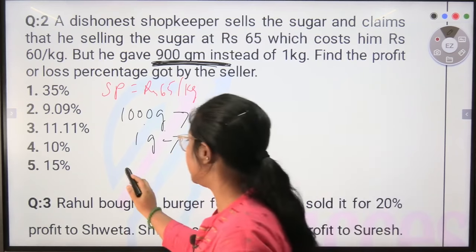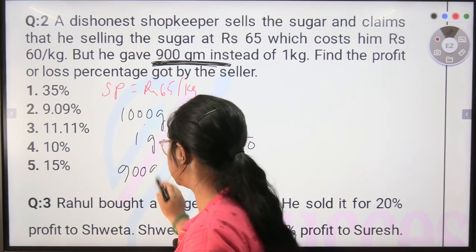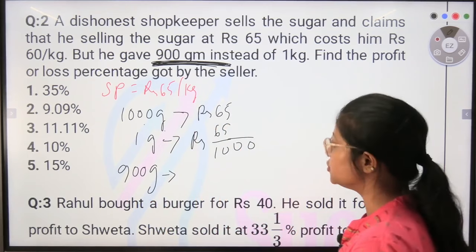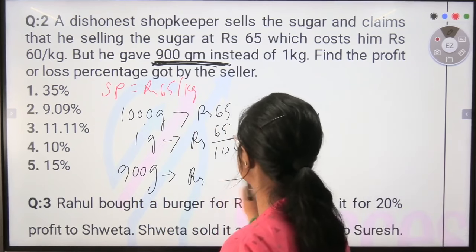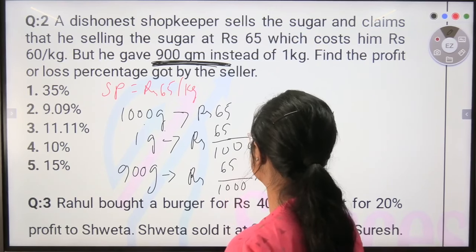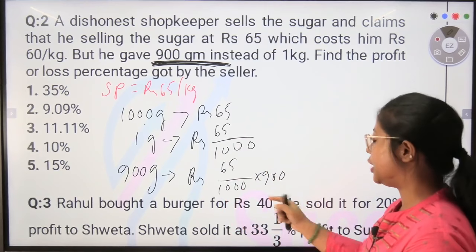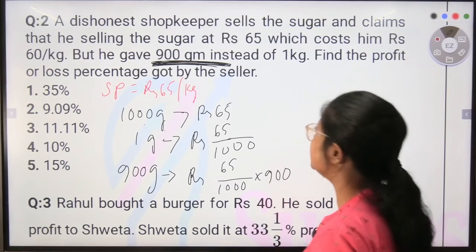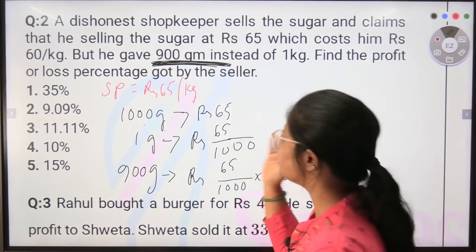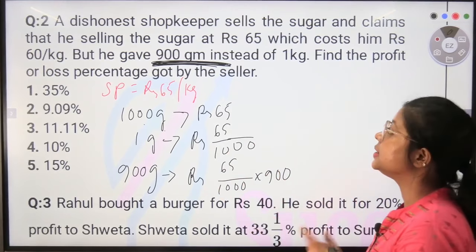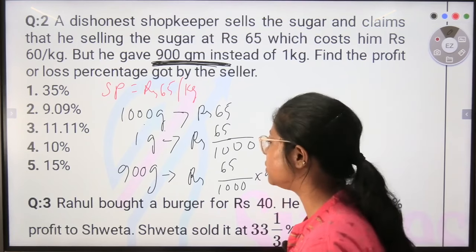So the SP of 900 gram should be rupees how much? 65 by 1000 into 900, isn't it? So this should be the actual value while selling that sugar, because he is actually selling 900 grams of the product.